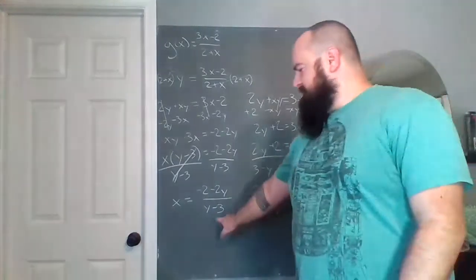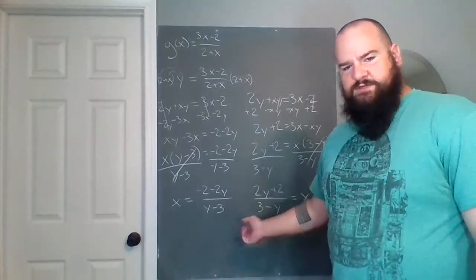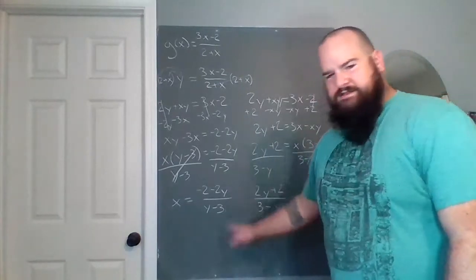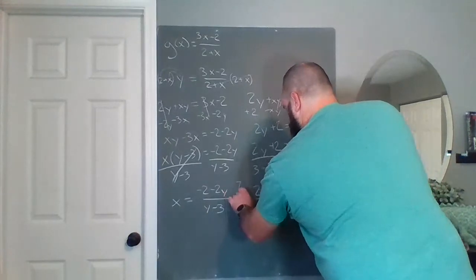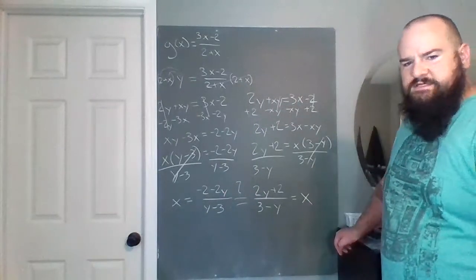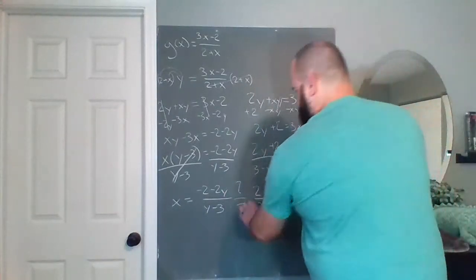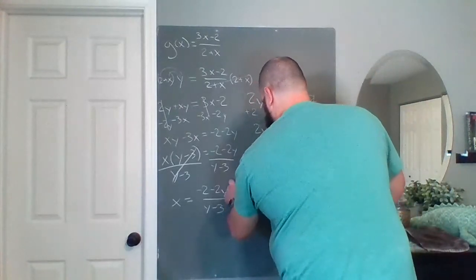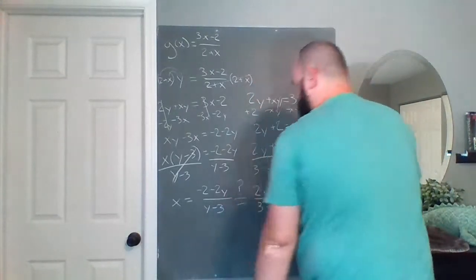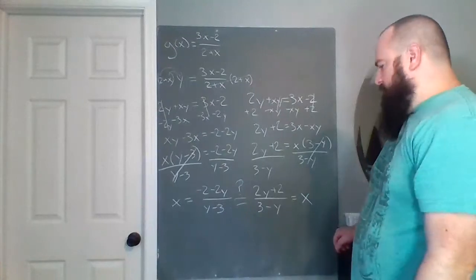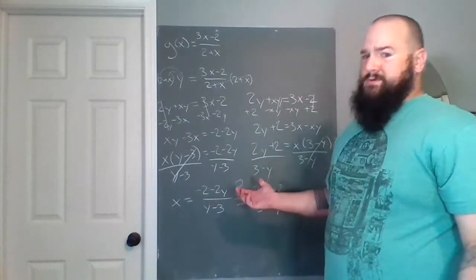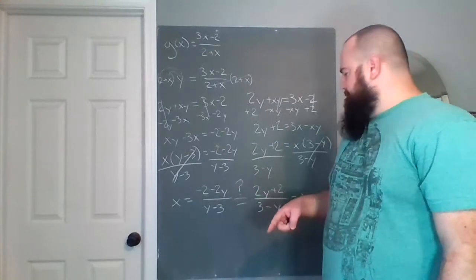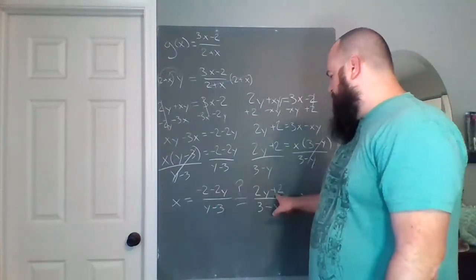Do these look like they're the same thing? Because they both equal x, so they must equal each other. Are these equal? Well, just right off the bat, I'd have negative 2 here, positive 2 here, so we're like, no, that can't be equal, right? But notice, negative 2, positive 2.